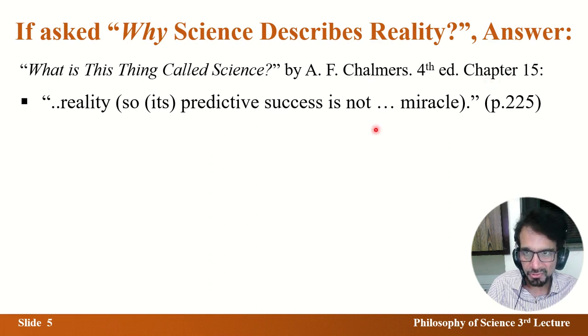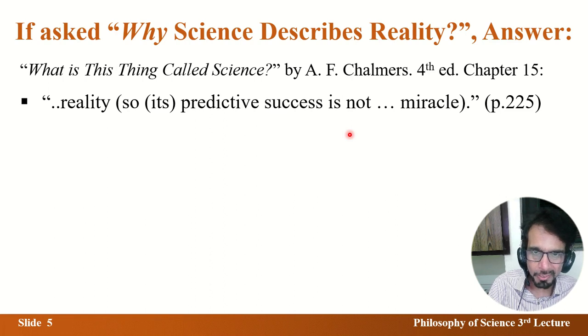Chapter 15 says that science describes reality because science is successful. Science has so many successes that if science does not describe reality, it would be a miracle that it has success and again success and again success. There cannot be so many miracles. So the reason is that science describes reality, and that's why science is successful. That is an explanation of the success of science.